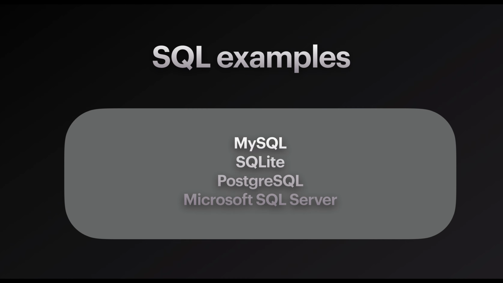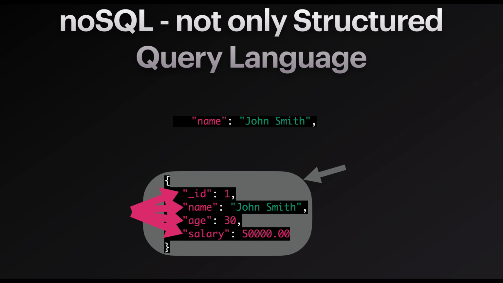The second option that we've got is NoSQL, which means not only structured query language, and these are known as non-relational databases. They can store and retrieve data in ways other than tabular relationships. They can be categorized, for example, into documents, key value, columnar, and graph databases.